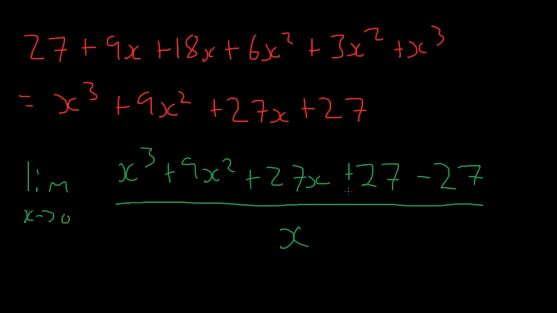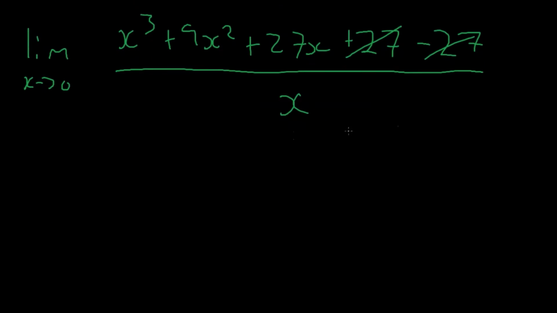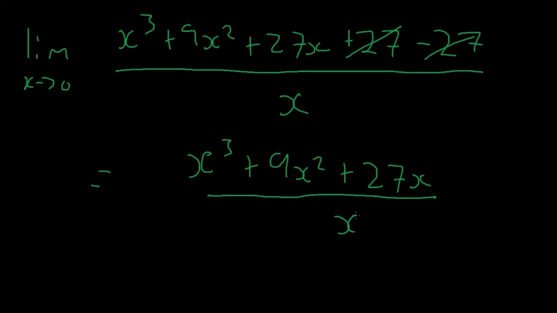So what we notice right away is that this 27 and this 27 cancel out. And when I write down the next layer of the limit, just imply that the limit sign's still there for now. I'm not going to write it in. We're going to have x cubed plus 9x squared plus 27x, all divided through by x.